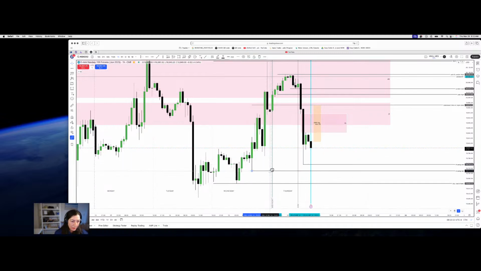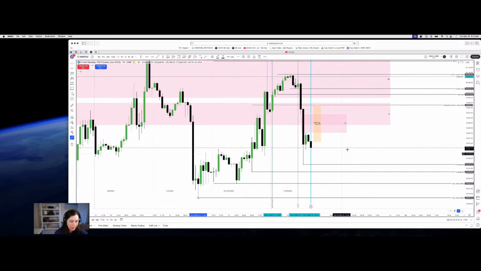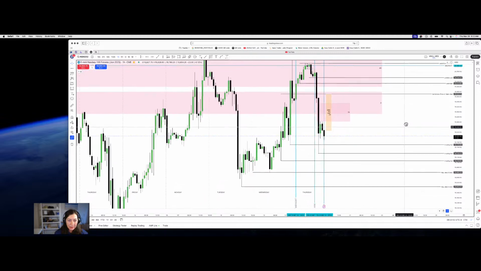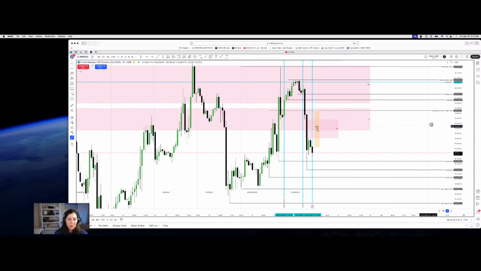Actually, I'll mark this one as well, hourly swing low, because we've got liquidity below that. And then we have our third one down here, and one more down here, and I'm going to add this one, especially if price has an interest in dropping. I'm going to add this one as well, right there. So we've got some swing lows down here that may be harboring some liquidity, could be of interest to price this morning.